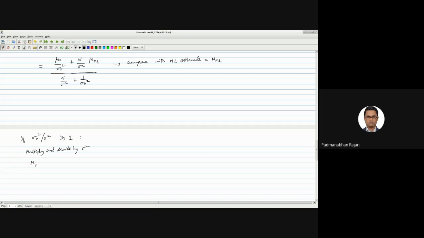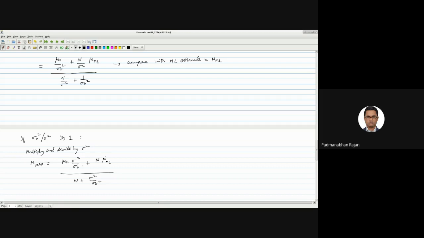Then mu MAP becomes mu naught into sigma square by sigma naught square, plus, since I'm multiplying by sigma square, n mu ML, all divided by n plus sigma square by sigma naught square. Okay, I've just multiplied and divided by sigma square.